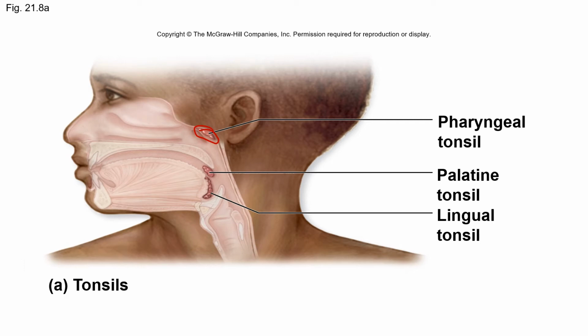If you're going to have your tonsils removed, those are the ones most likely to be removed because those are the ones that interfere most with breathing. There are also palatine tonsils on the back of the hard palate, or the sides of the soft palate, and the lingual tonsils on the back of the tongue.